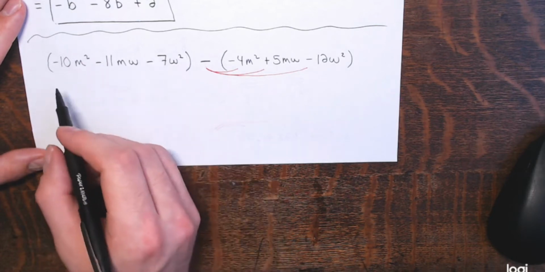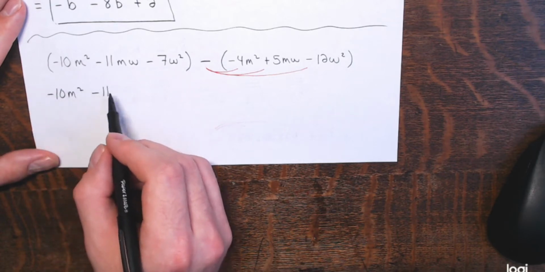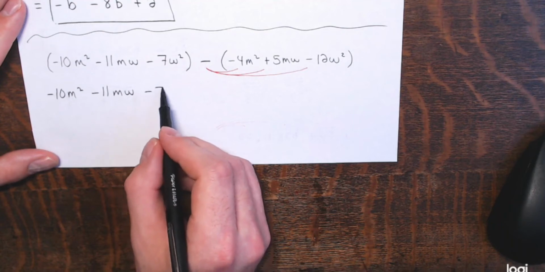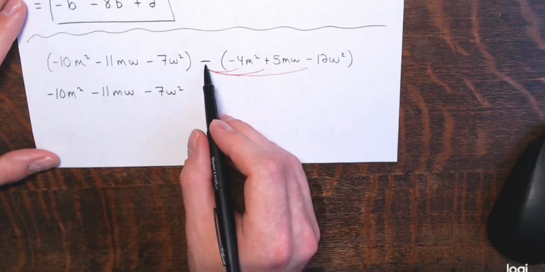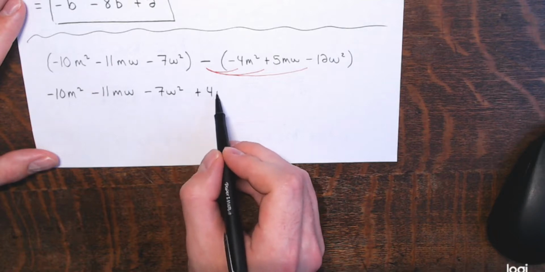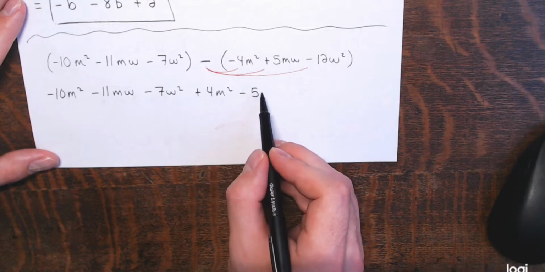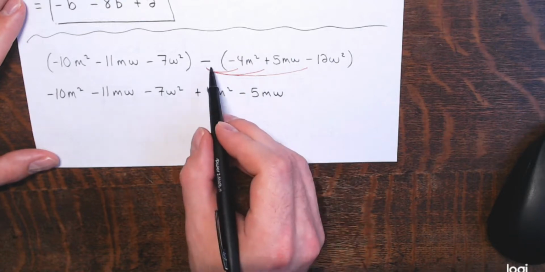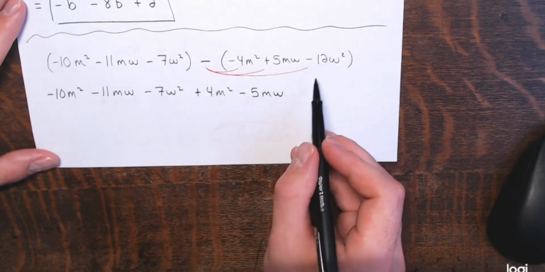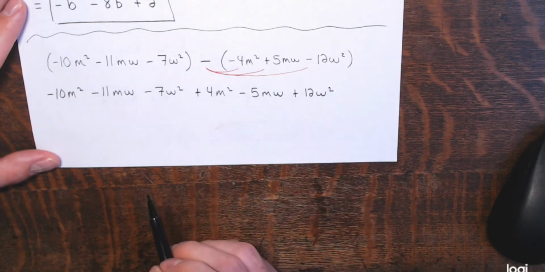So we have negative 10m squared minus 11mw minus 7w squared, and then minus negative 4m squared would be plus 4m squared, then minus 5mw, and minus negative 12w squared would be positive 12w squared, right? Plus 12w squared.